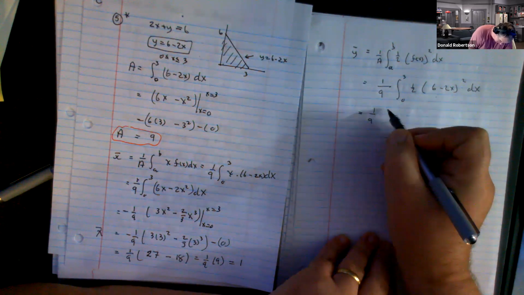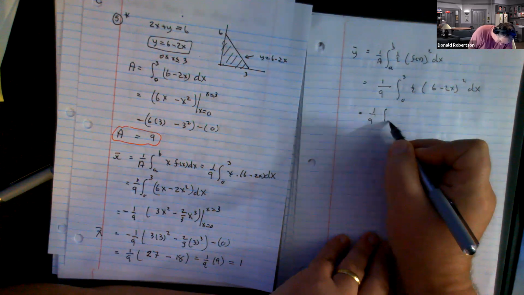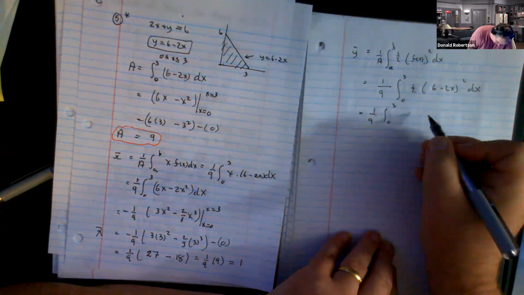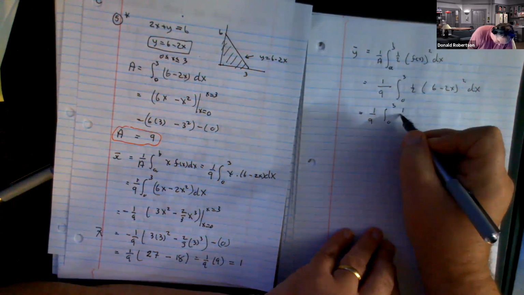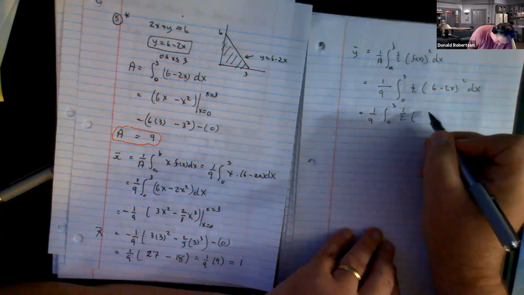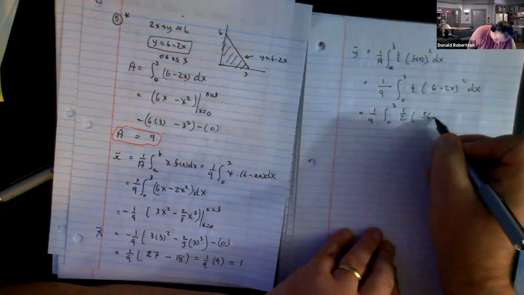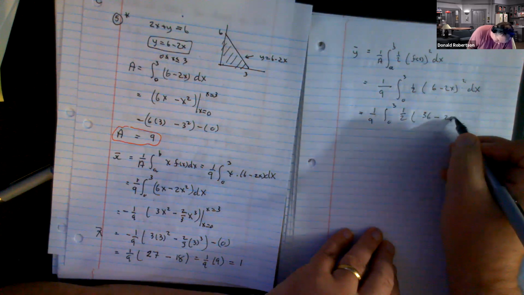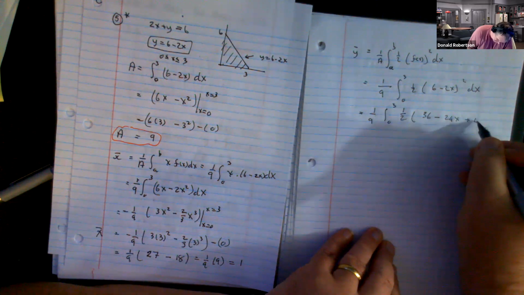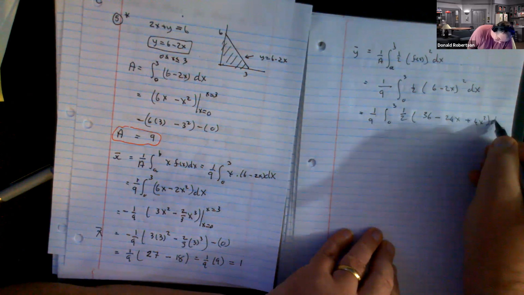So it's going to be the integral from 0 to 3 of 1/2 (36, take away 24x, plus 4x squared) dx.